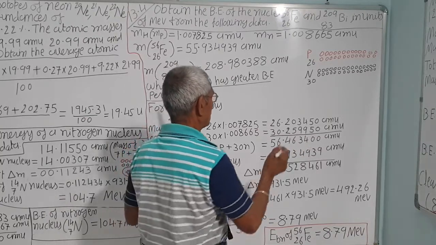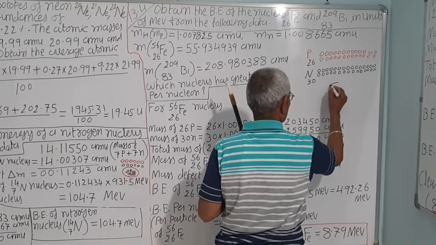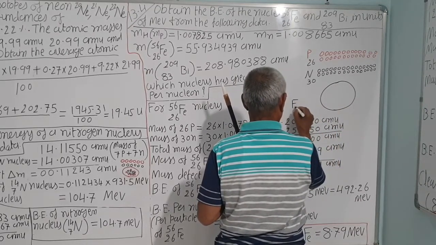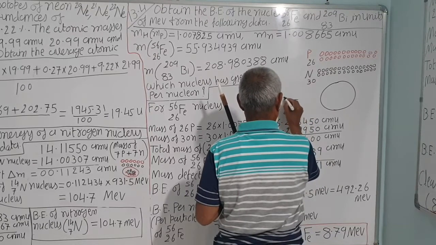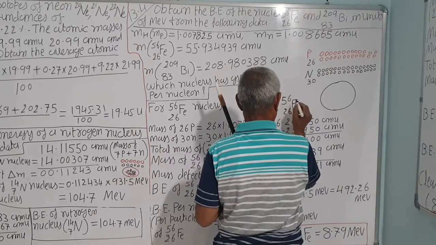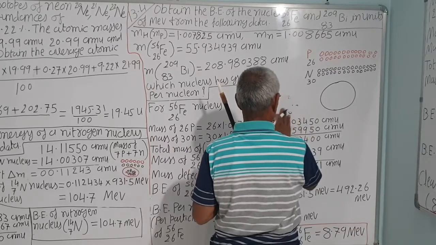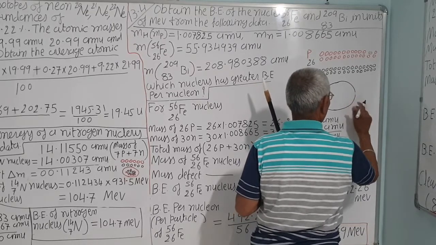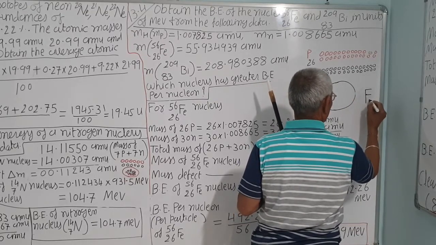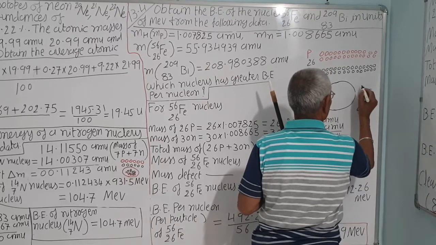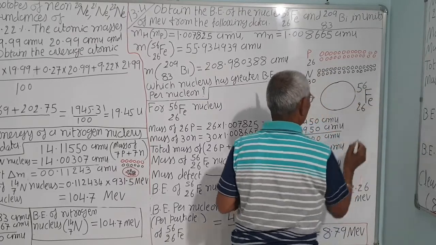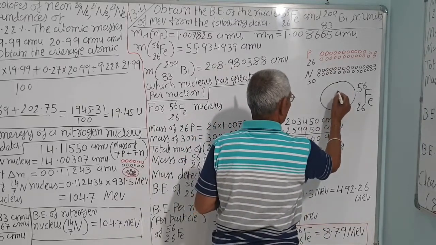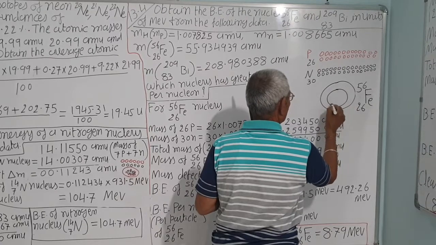But when you put them together in the nucleus, this is the Fe 26 56 atom, and this is the nucleus of the atom.